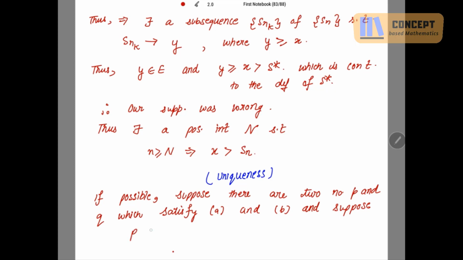So let's say that P is less than Q, right?